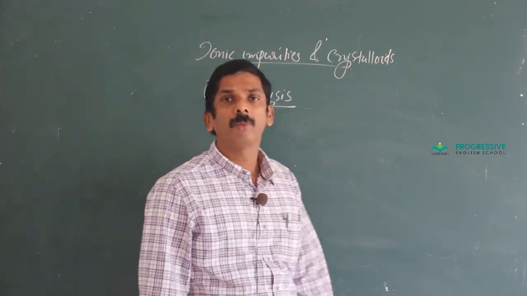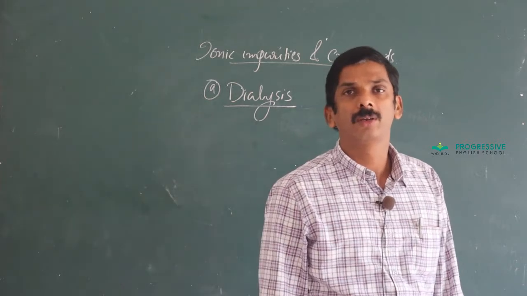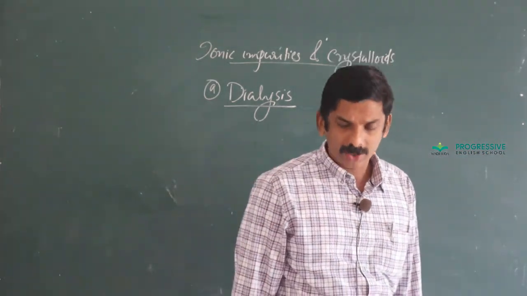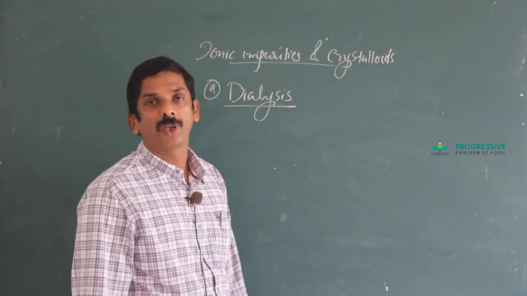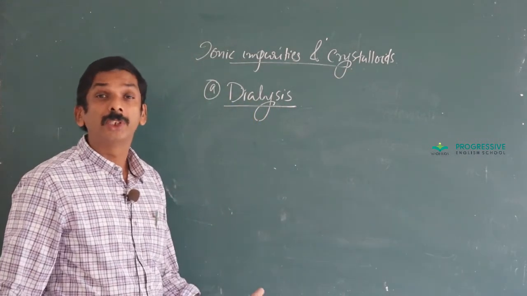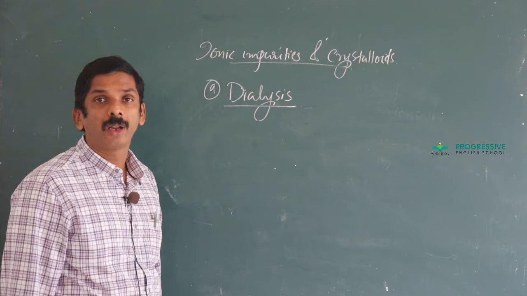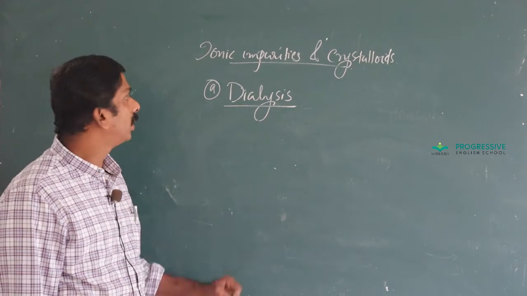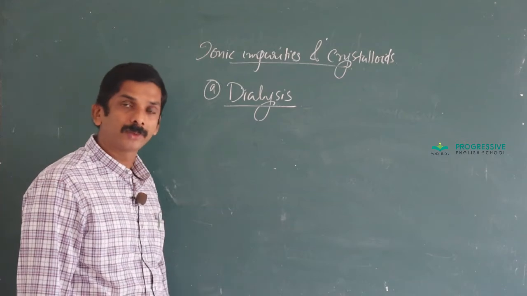I think you are familiar with this word, dialysis. If a person is suffering from some kidney problem, the kidney being the major excretory organ in our body, artificial purification is conducted by using a process called dialysis.